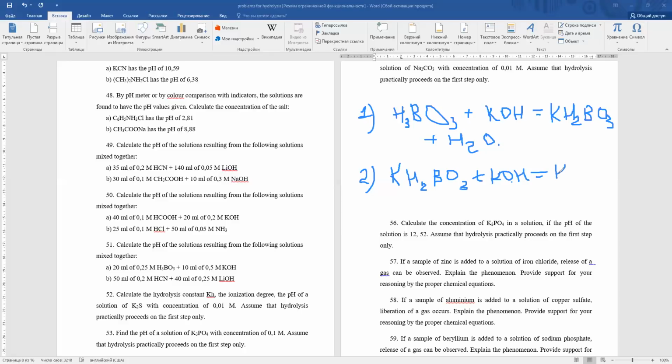And then we take this salt, which contains only 1 hydrogen atom. The same goes also for the third stage. In the third stage, you have to add extra potassium hydroxide.